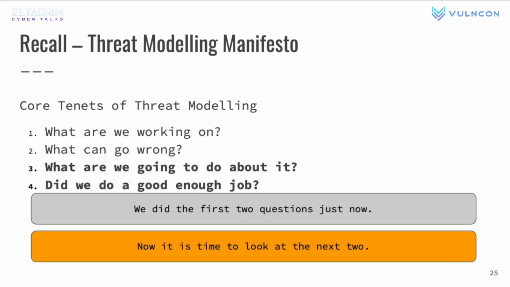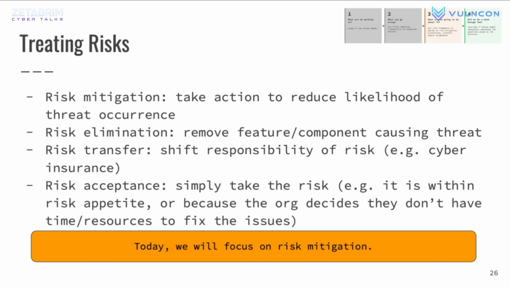If a threat event has been identified that can exploit a vulnerability, then we have a risk item. And if we have a risk item that we need to deal with, then we need to treat it.